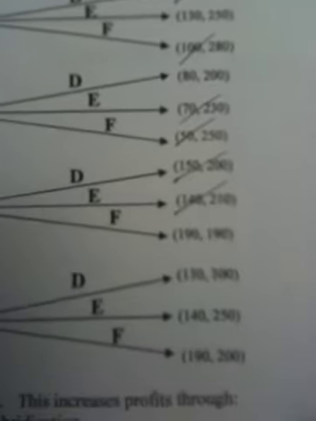And 80 is the best here. 190 is the best here. And 190 is the best again. So that means that if player 1 was given this situation, he would definitely choose the highest payoff to himself.